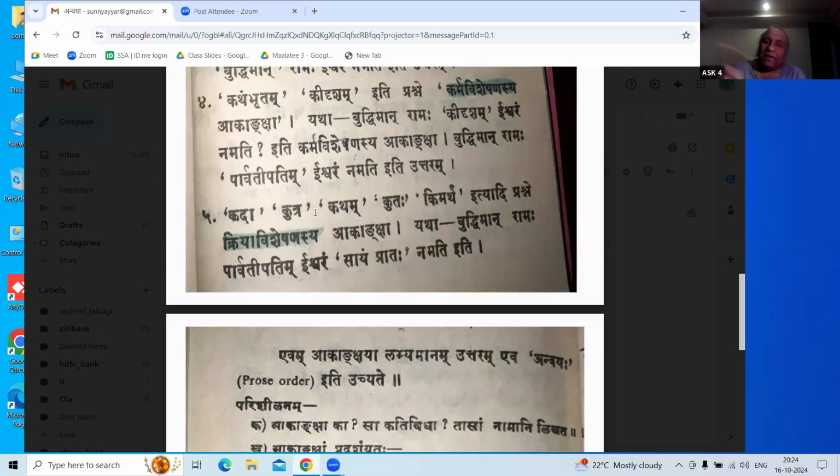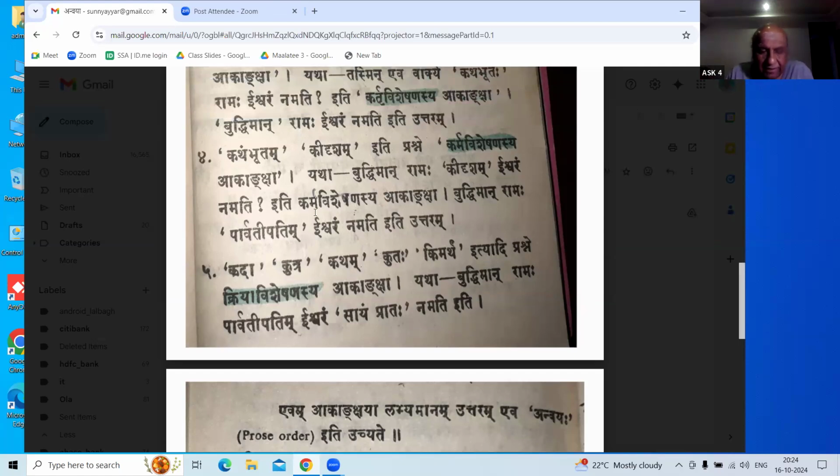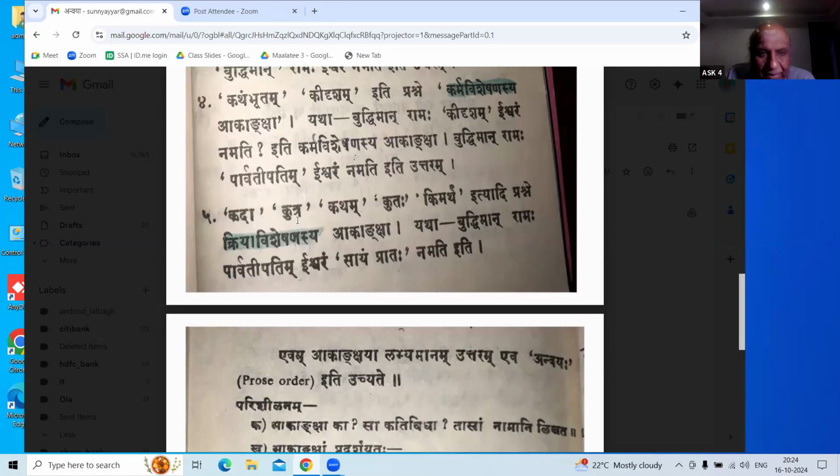Correct, depending on the gender you have to use. Here we are doing only the masculine, but what you said is also correct. As we go forward, we'll do another exercise with feminine as well as neuter, so we have to use those forms.